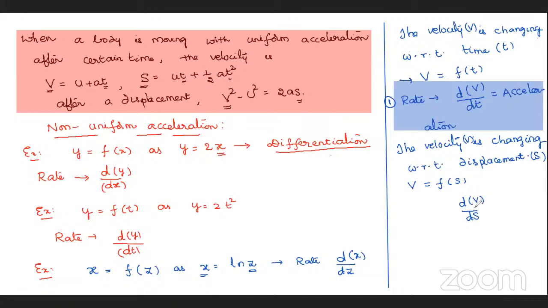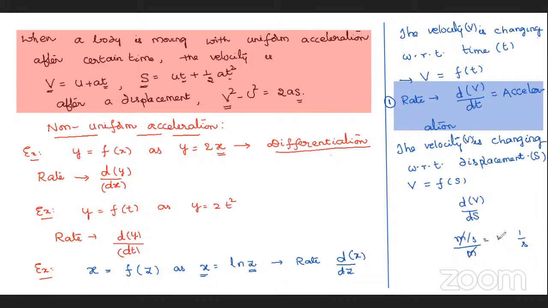To get some physical quantity from here, let me see the units. Velocity is meter per second. Displacement is meter. If I cancel, I get 1 by s, second inverse.